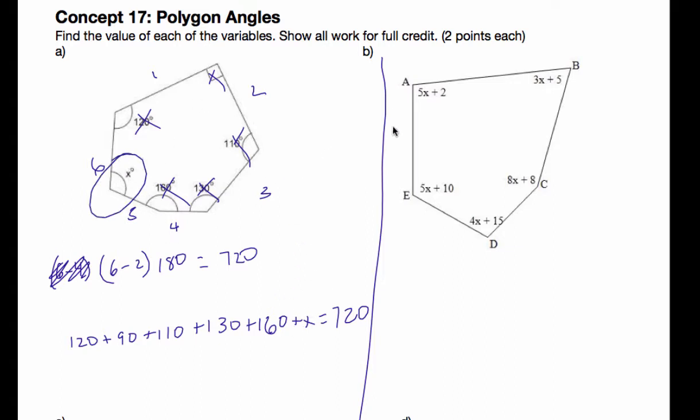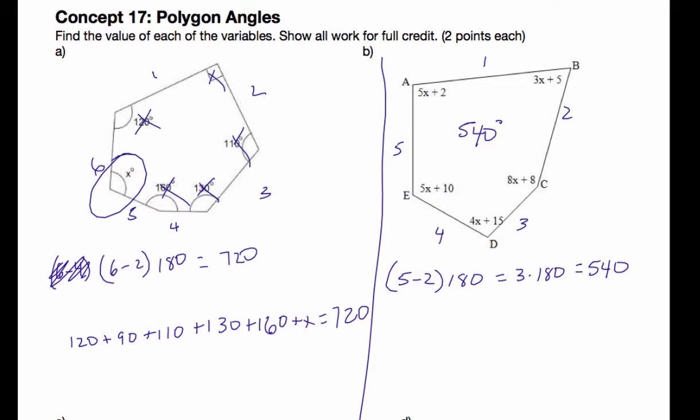Okay, try that one. Here we have a similar situation. I'm going to count my number of sides. And in this case, I'm going to have 5 sides. So 5 minus 2 times 180 is going to be 3 times 180, which is 540 degrees. Well, it's 540 total. Well, what are the angles?